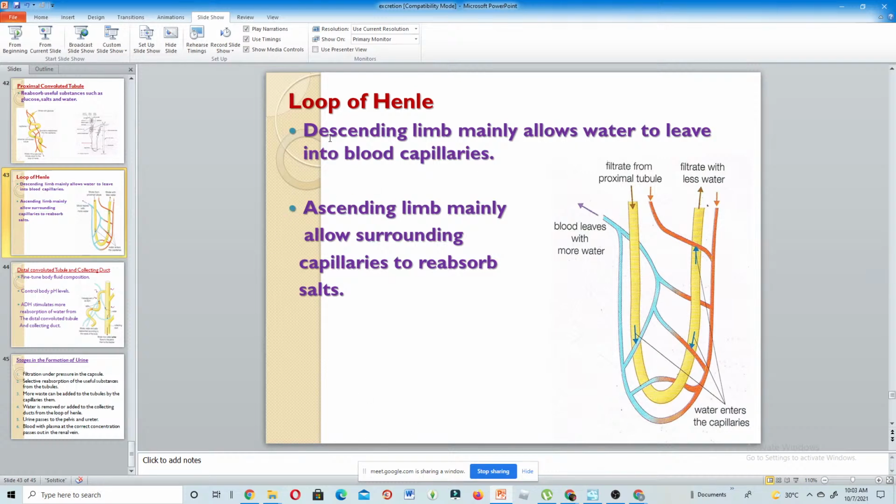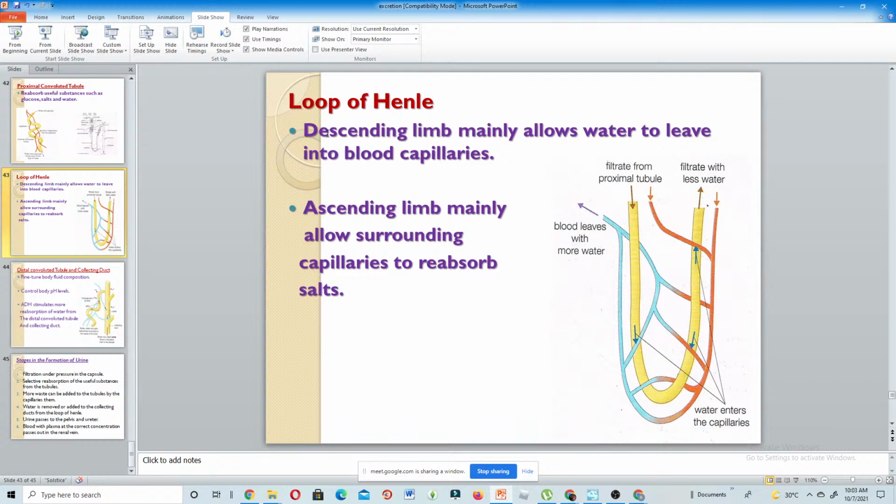Now the descending limb. The word descend means down. Looking at the diagram, the part to the left is the descending side, because remember, whenever you're forming a U, you go down and next you go up. The part that is going up to the right is called the ascending, while this is called the descending.